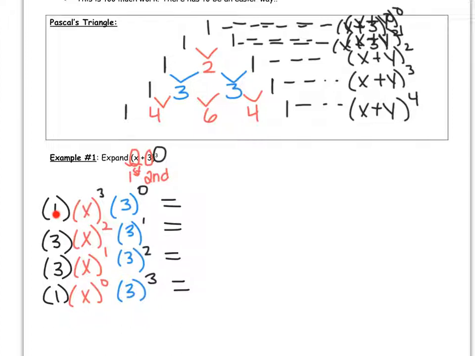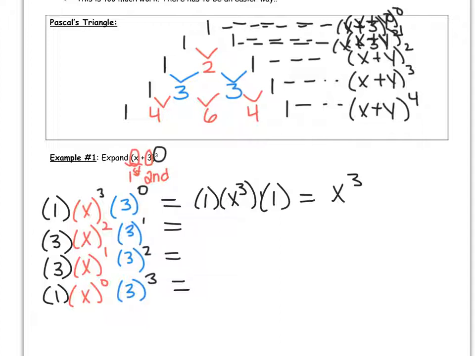So 1 times x to the third times 3 to the 0. Well, we could write down 1, and x to the third is just x to the third, and 3 to the 0 is just 1. Anything to the 0 power is 1, so we have x to the third. Okay, now we have the second one, 3x squared times 3. So 3 times 3 we can do, because 3 to the first, right?